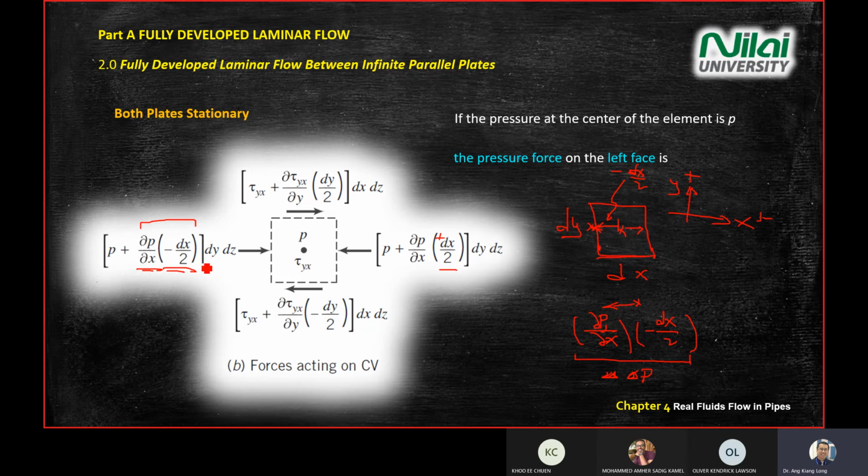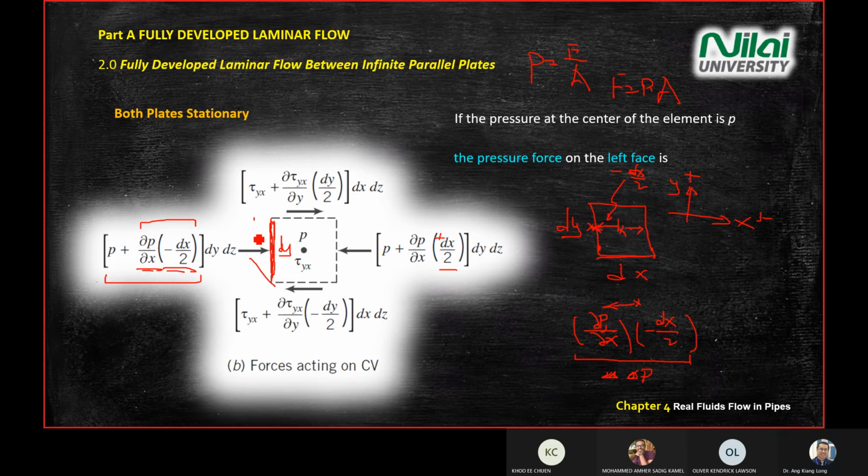You get the pressure term, the change of pressure. And just now we defined pressure equal to force divided by A. So force equal to P times A, pressure times A. So what is the area of this face here?